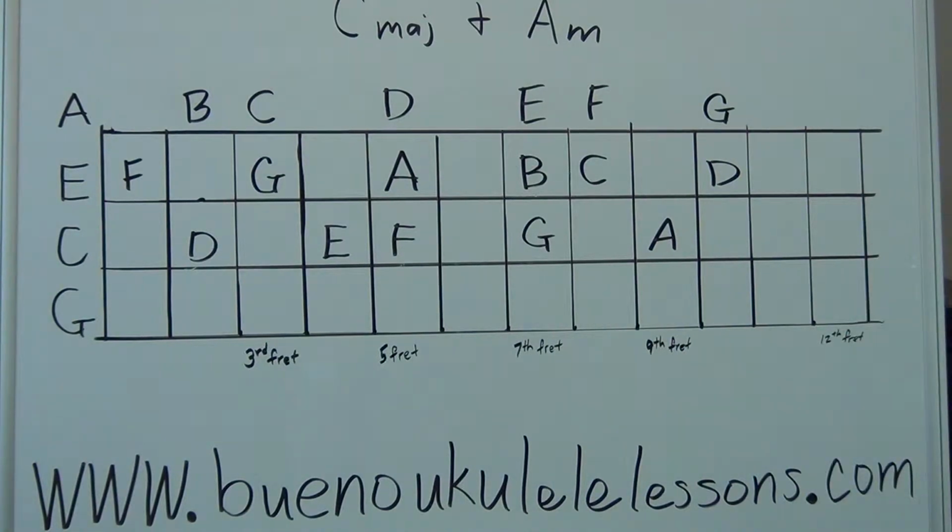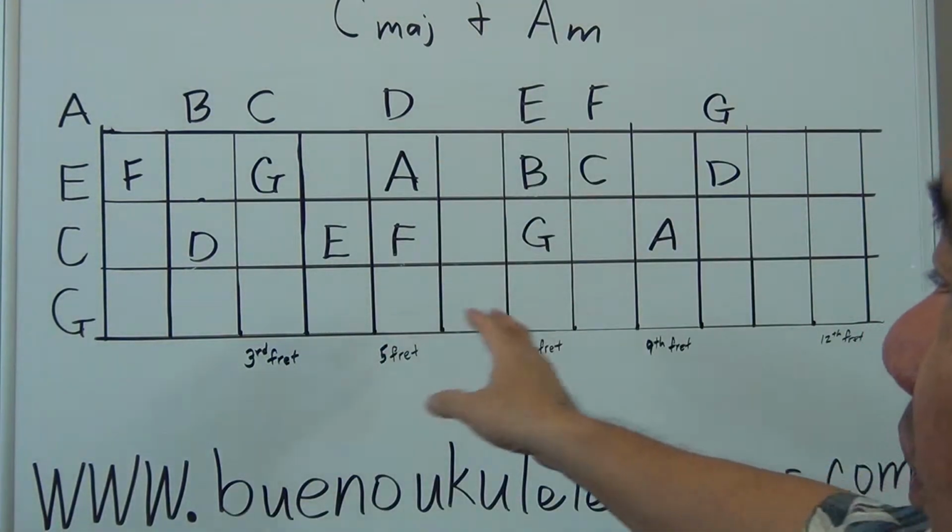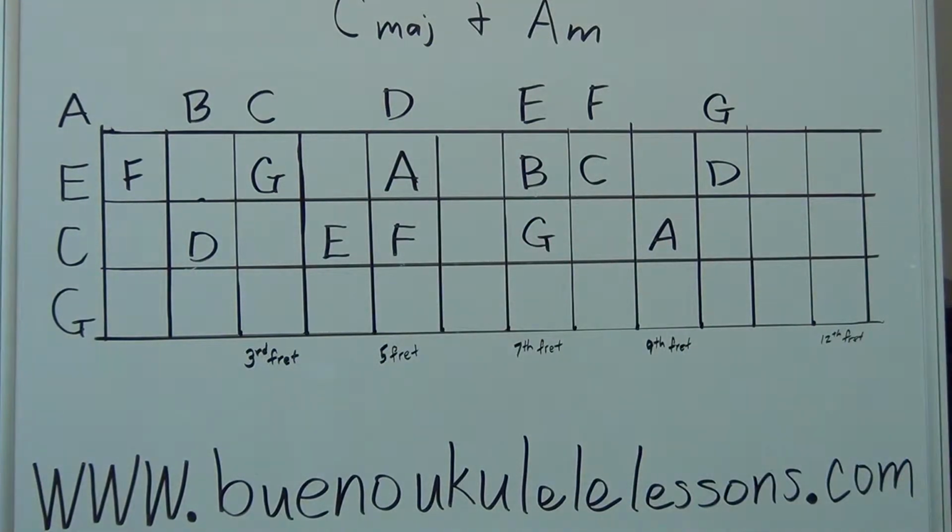Now, trying to put it all together, the final outcome to this whole series of lessons is that you want to be able to see, understand, and envision the whole range of possible notes that you can play. Now, scales are fine.